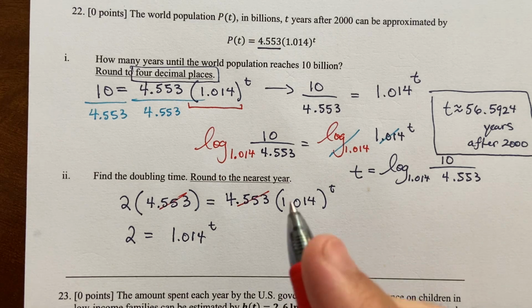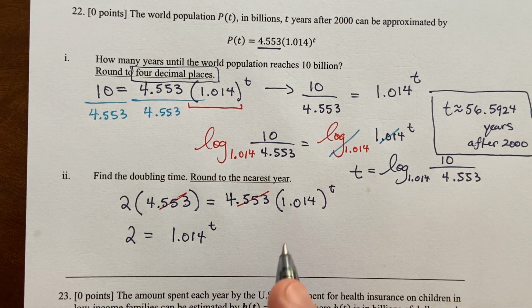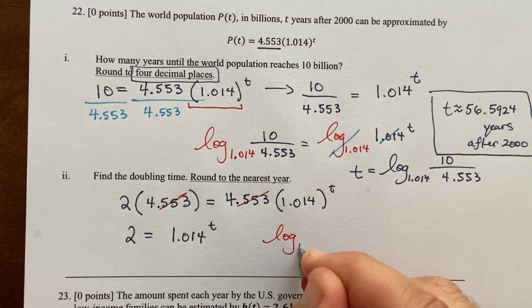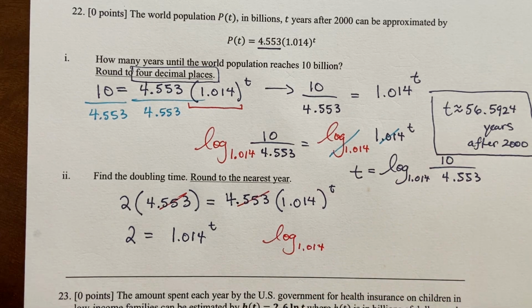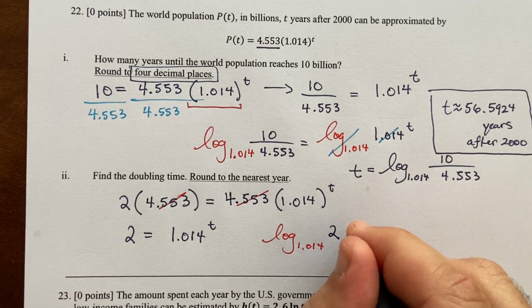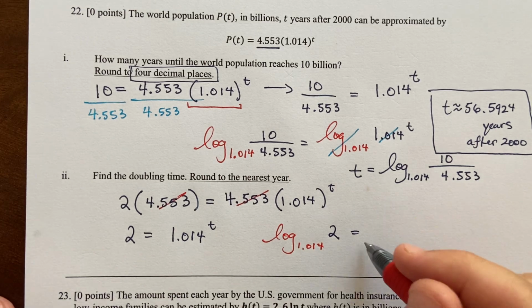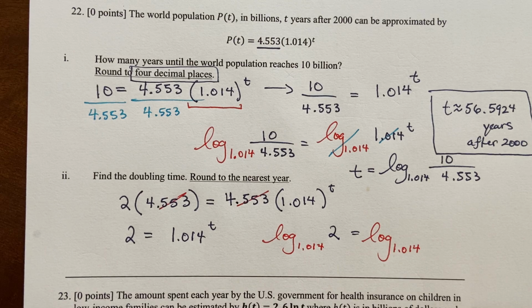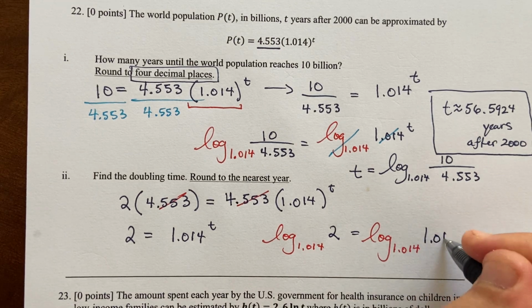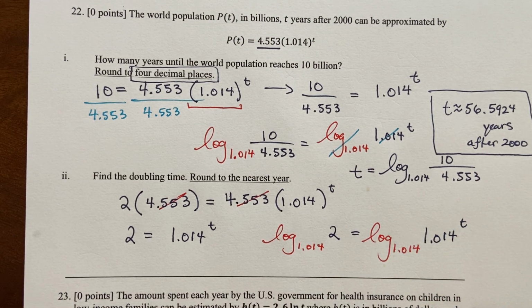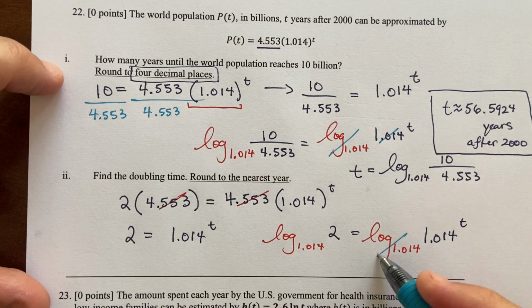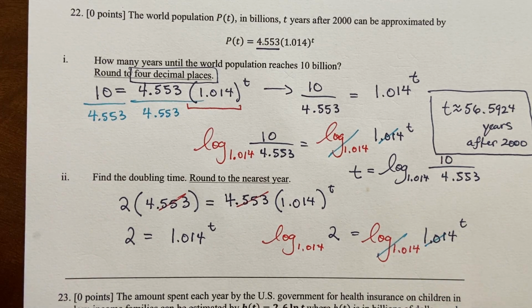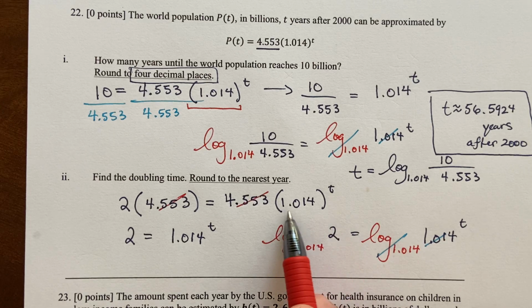And then choose another logarithm. I can use the same base. So log base 1.014 of 2 equals log base 1.014 of 1.014 raised to the t. So these cancel. And this would be our amount of time.